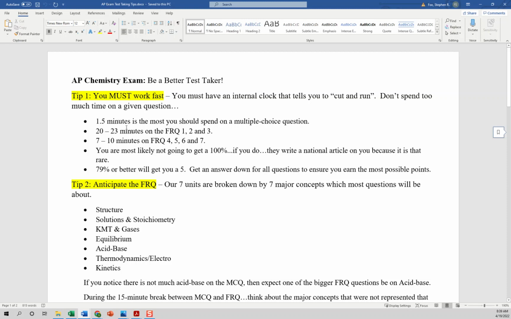So let's understand, time is, I would say, 50% of the test. 50% of the test is testing your chemistry knowledge. The other 50% is testing your time management skills, and also your reading comprehension skills, right?